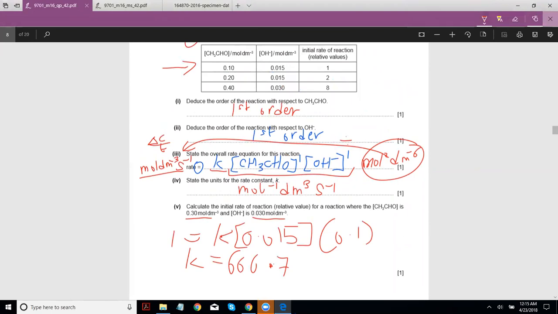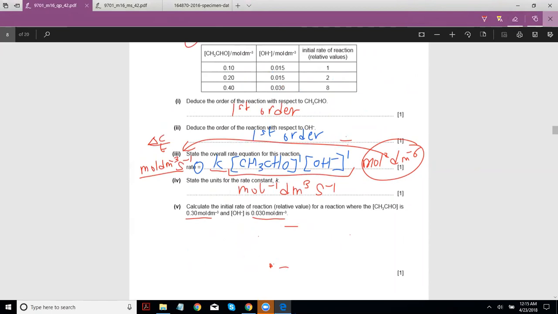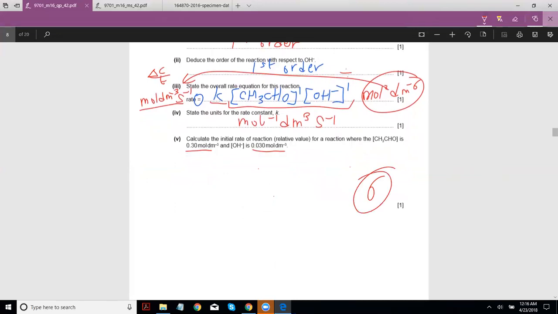That's definitely the easier way. So the aldehyde concentration is becoming times 3, 0.1 to 0.3. We know the order is 1, so we just multiply by 3. And the OH is multiplying by 2, so overall it should multiply by 6. The relative value of the rate is 6.